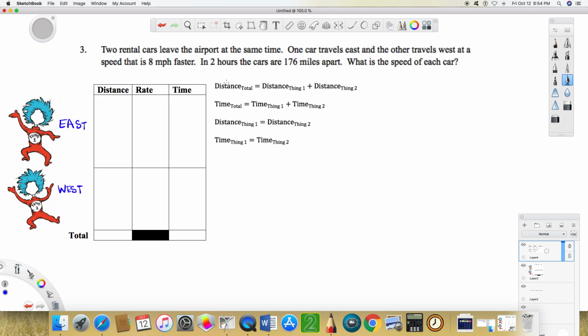So now, using the information given, complete the table and then press continue. All right, so let's see. We have that each car traveled 2 hours. Put my units up here.